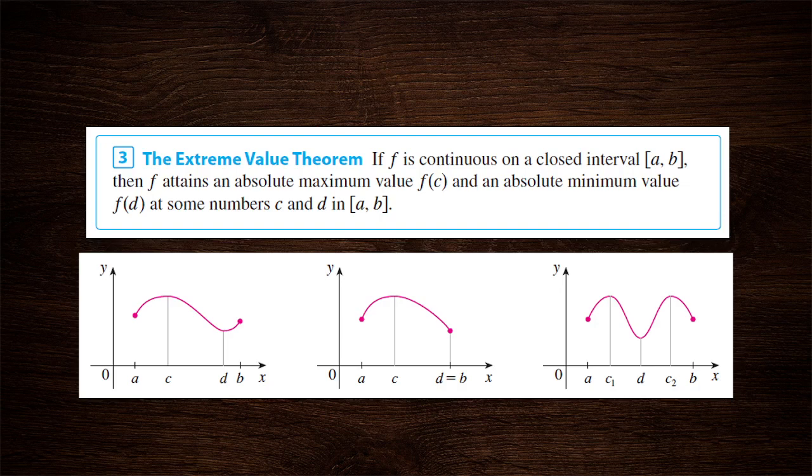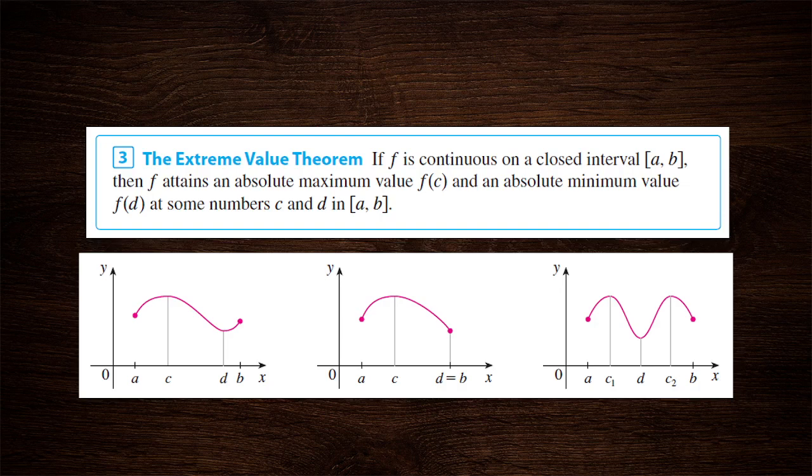So if the function is continuous and you're given a closed interval, let's say from a to b, the function obtains an absolute maximum value at f of c and an absolute minimum value at f of d, at some numbers c and d in the given interval a to b.